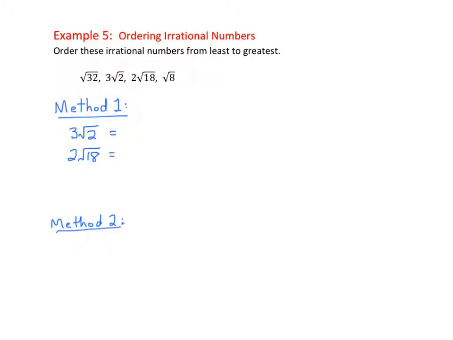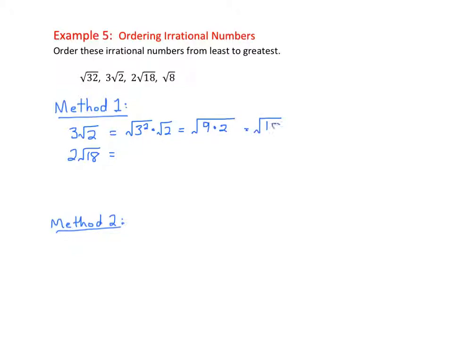So if we do 3 root 2 first, we have to write 3 as an equivalent square root. So it's the square root of 3 squared times the square root of 2. The square root of 3 squared just equals 9.